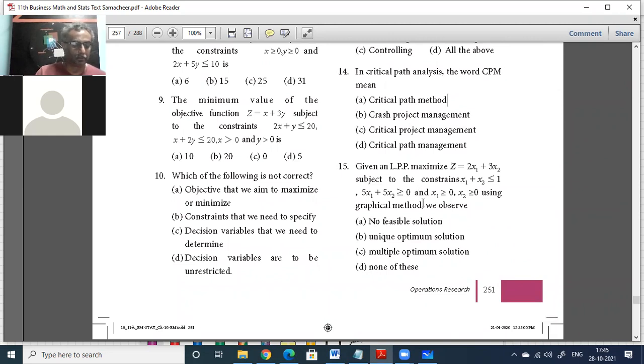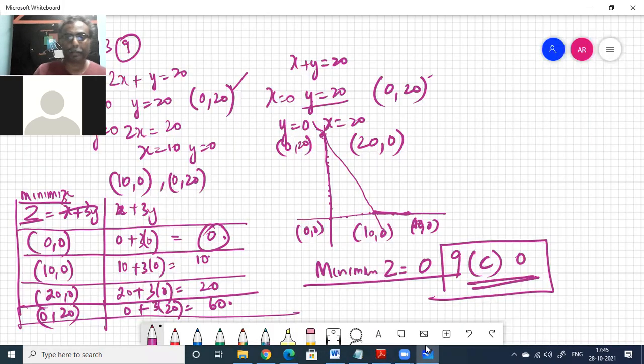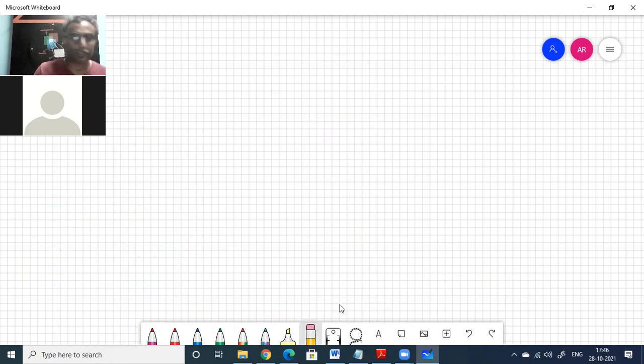Then, given an LPP, maximize Z equal to 2x1 plus 3x2, subject to the constraints x1 plus x2 less than or equal to 1, 5x1 plus 5x2 greater than or equal to 0. This is a trick sum. One equation is put both ways.